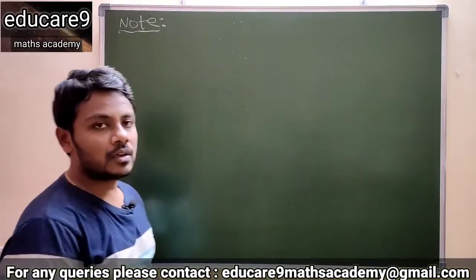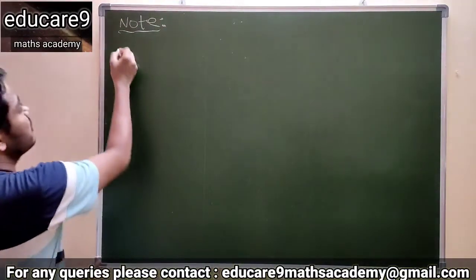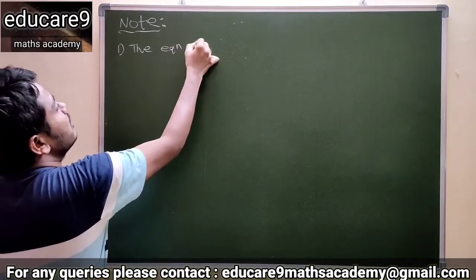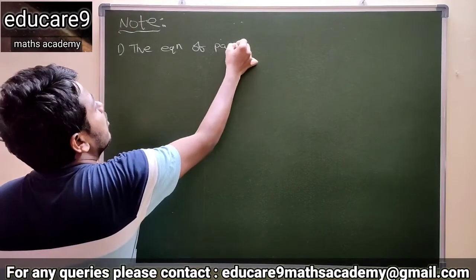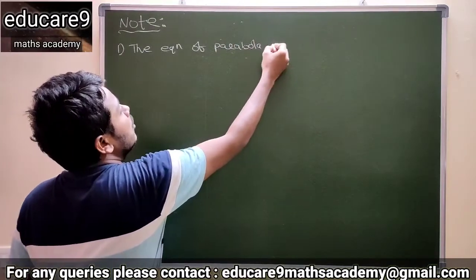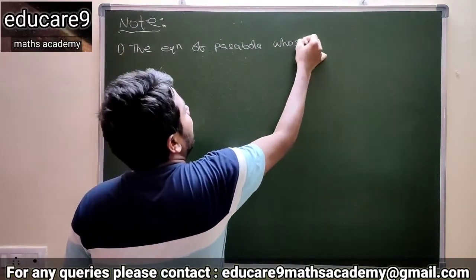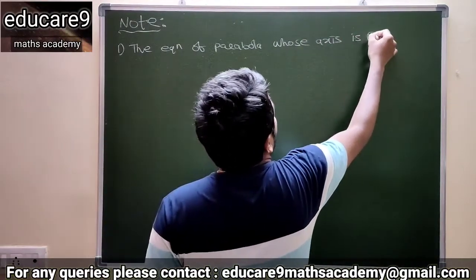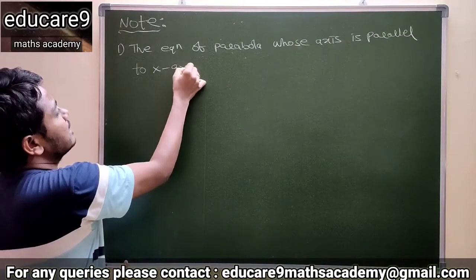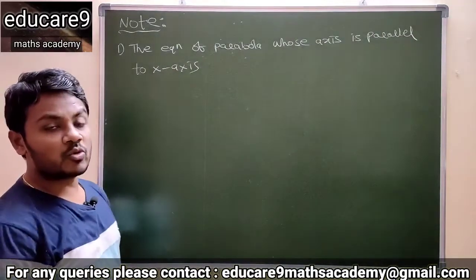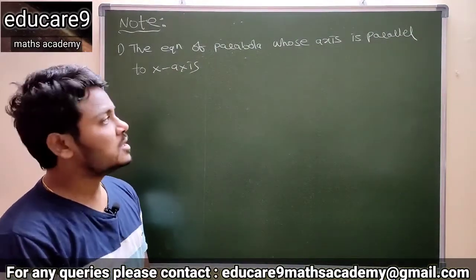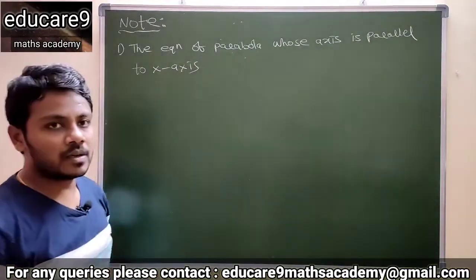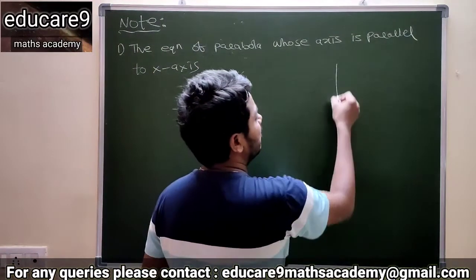First one: the equation of the parabola whose axis is parallel to the x-axis. What is that equation? Axis is parallel to the x-axis. You know the standard form of the parabola.